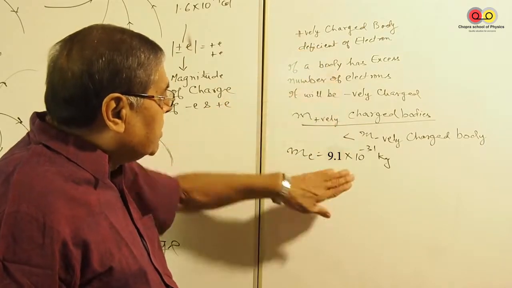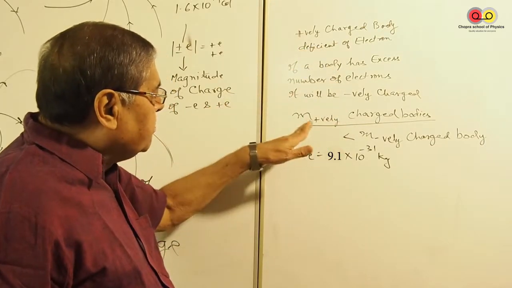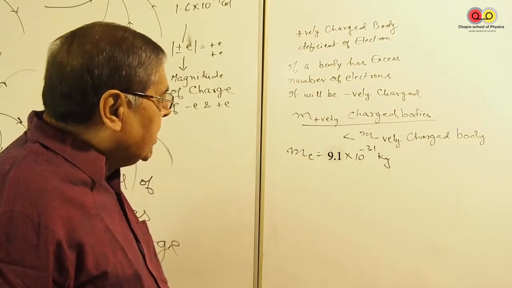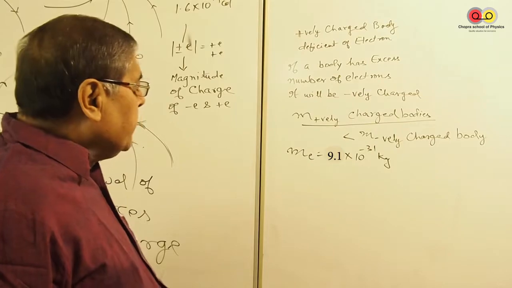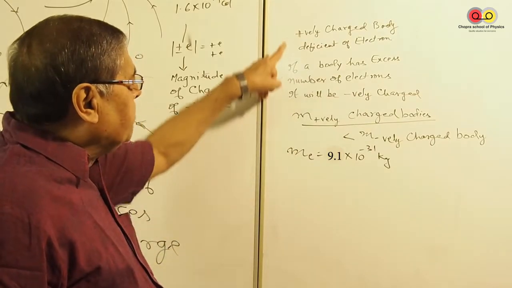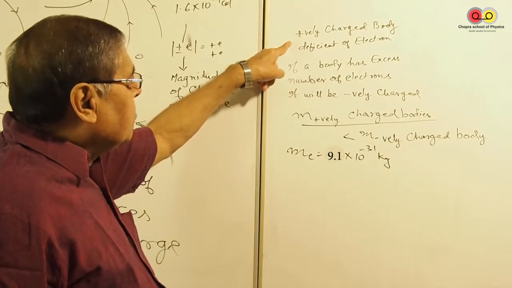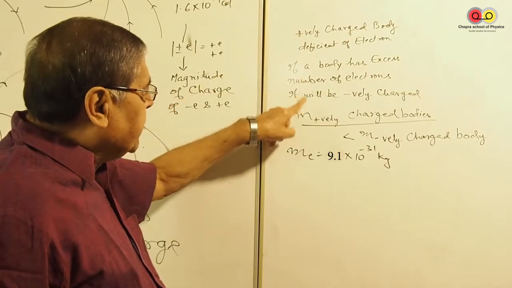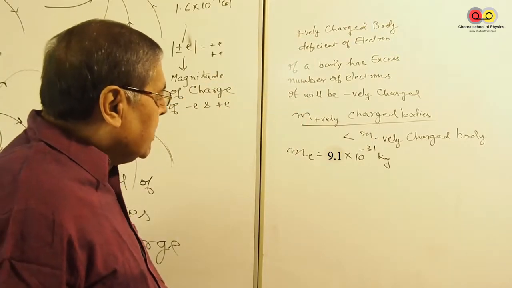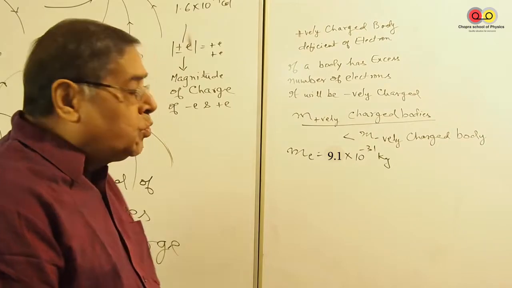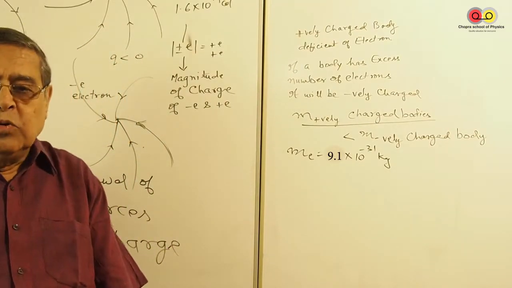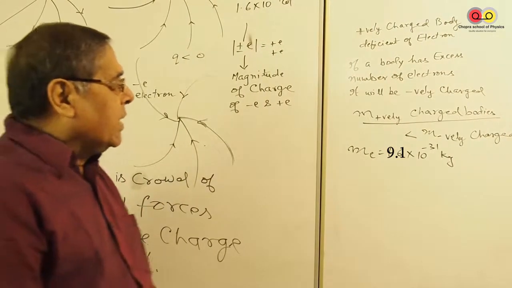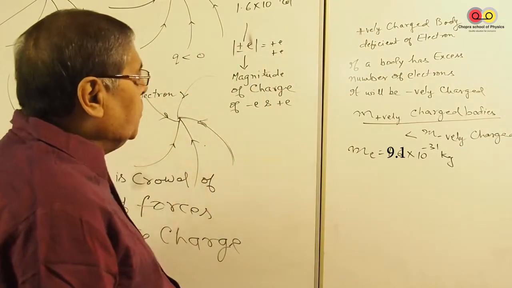If it loses the mass, obviously the mass of the positively charged body will decrease and the mass of the negatively charged body will increase. We can say inertia of a positively charged body is less than inertia of a negatively charged body. This mass is related to inertia. Wherever we say inertia, it means we are referring to mass. So I hope this difference is clear to you.